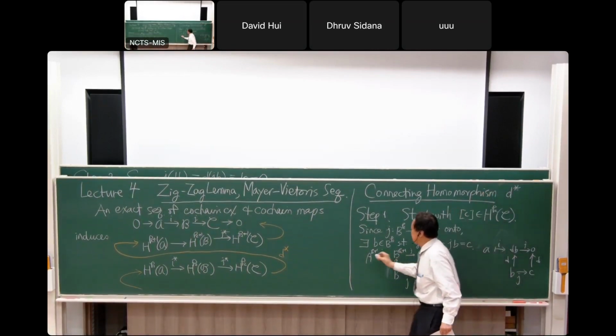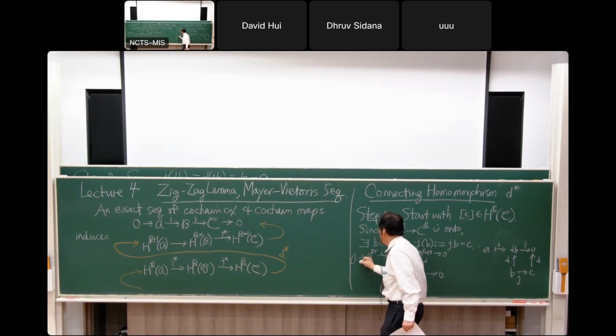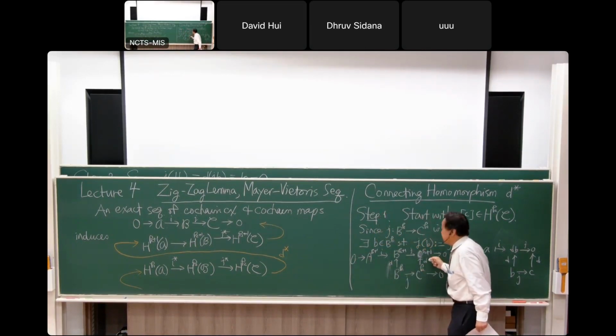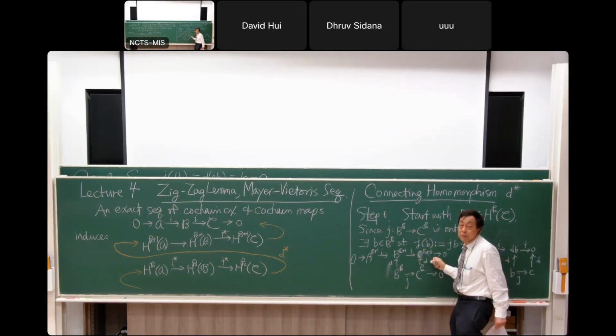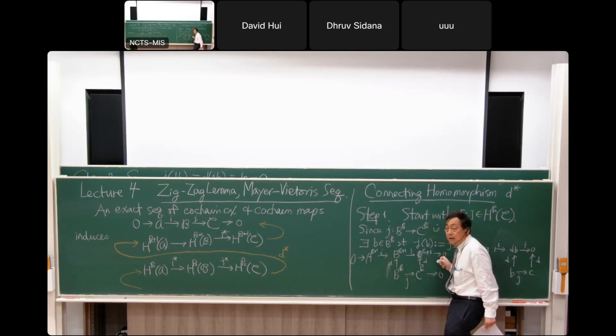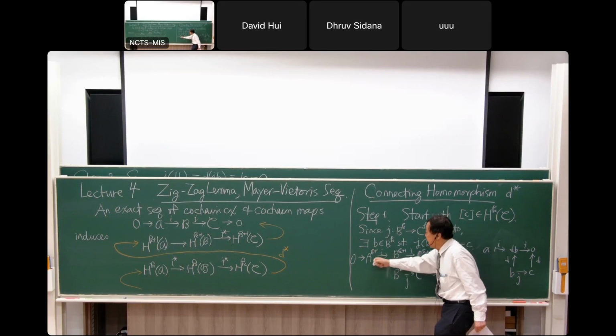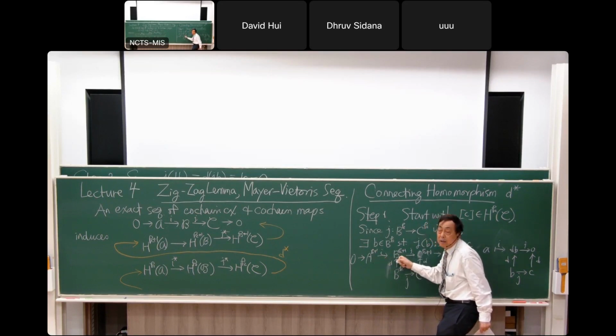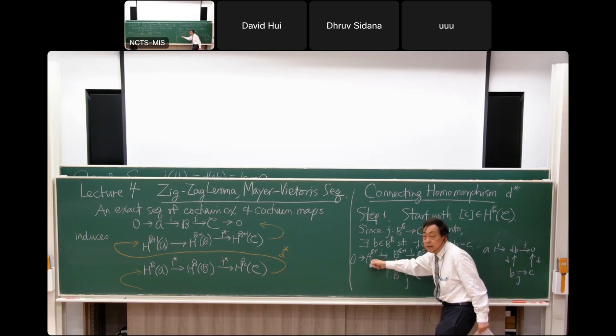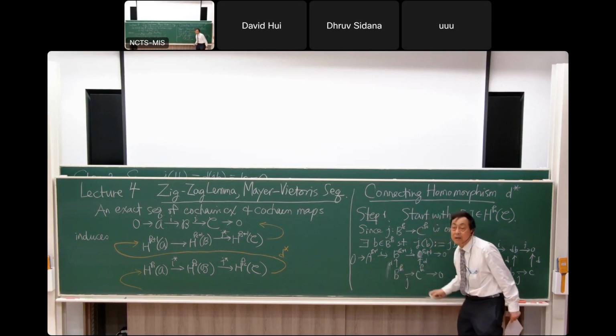So remember that each row of the original sequence is exact, right? So this is exact. Now I have an A that maps to dB. Can there be a different A that maps to dB?